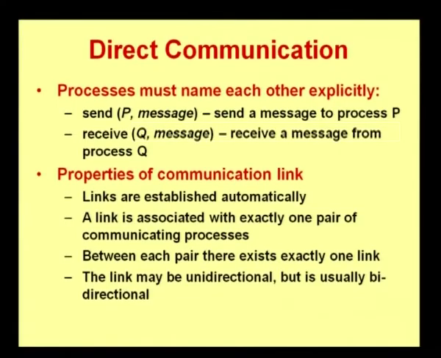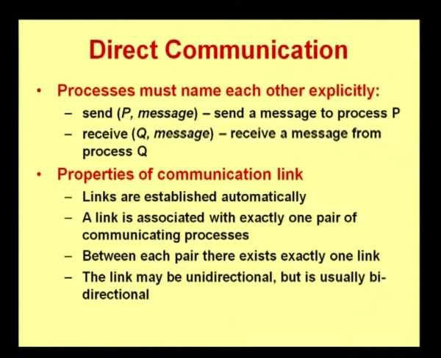In direct communication, you had a direct link between the sender and the receiver, an automatic communication. Whereas in indirect communication, it is communicated through a mailbox. The sender will send to one particular mailbox, and the receiver will receive the contents from that mailbox.